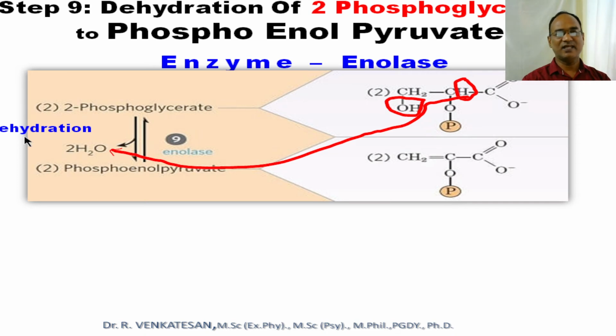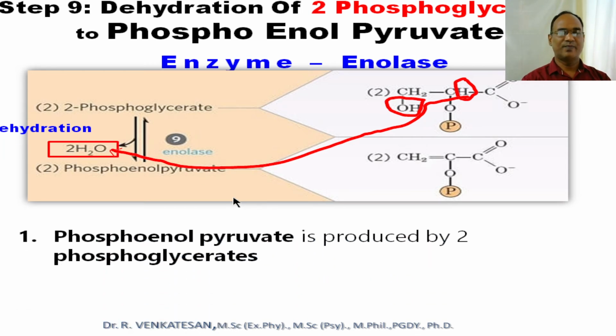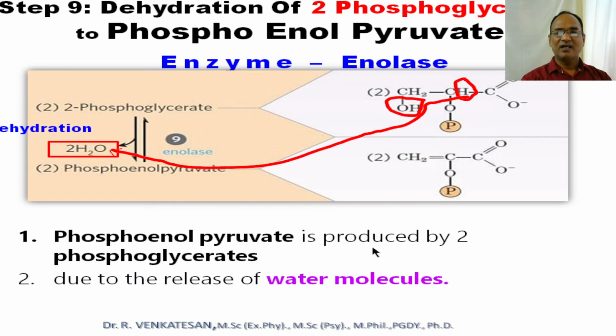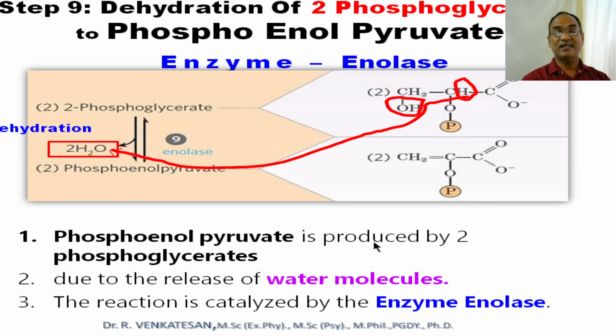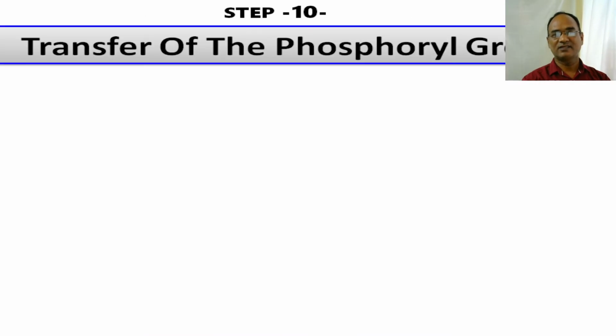So this is the only change in this position with the help of enolase. So phosphoenol pyruvate is produced from 2-phosphoglycerate because of the release of a water molecule from its chemical bond, and this reaction is catalyzed by the enzyme enolase.